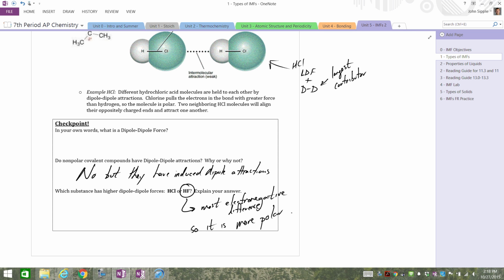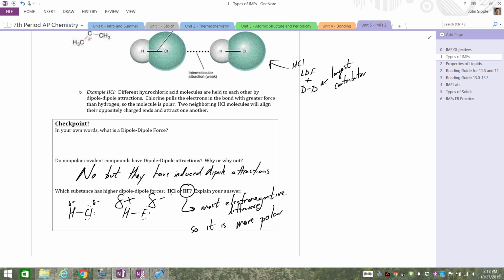Does that make sense? If we've got HCl, this side is going to be partially positive and this side partially negative. HF will also be partially positive and partially negative, but it's a more polar bond.